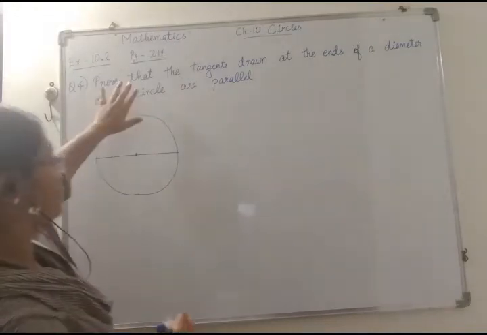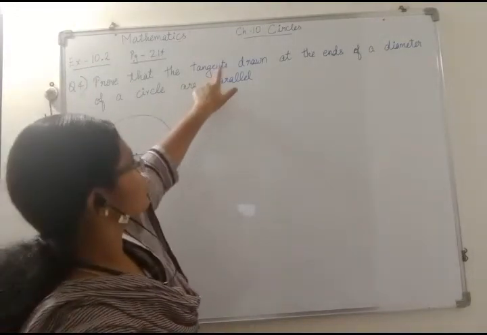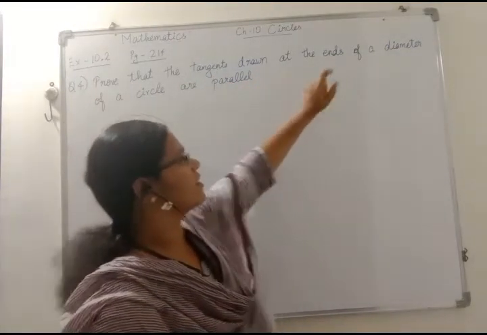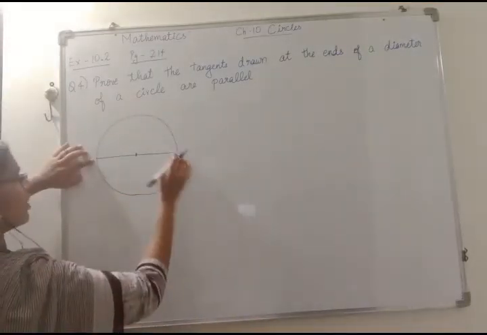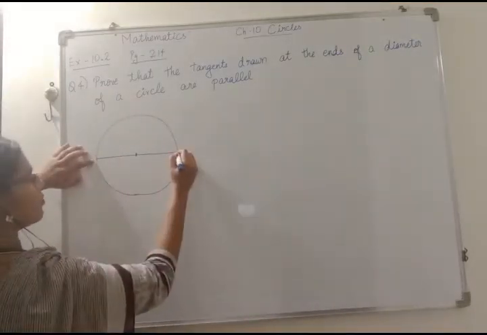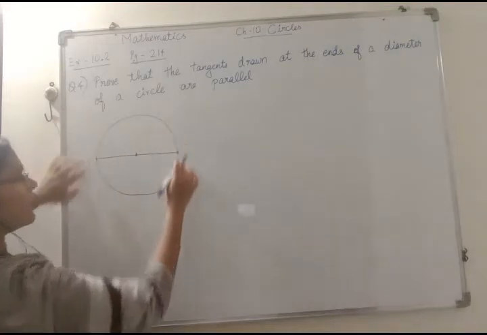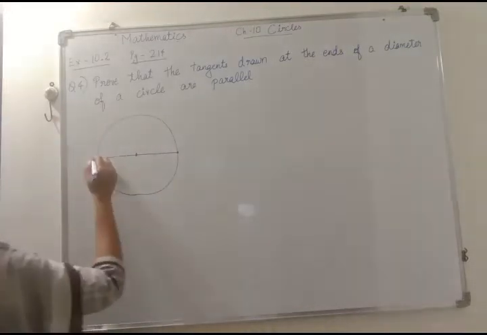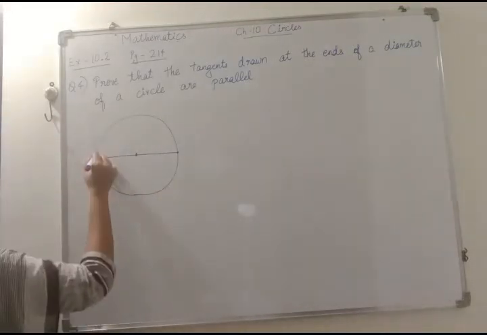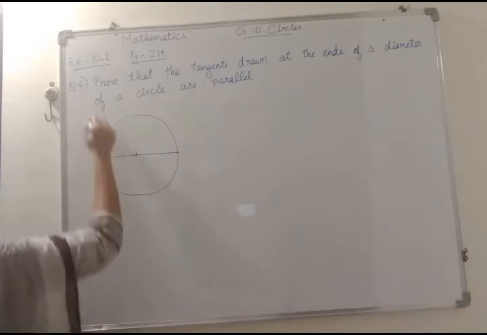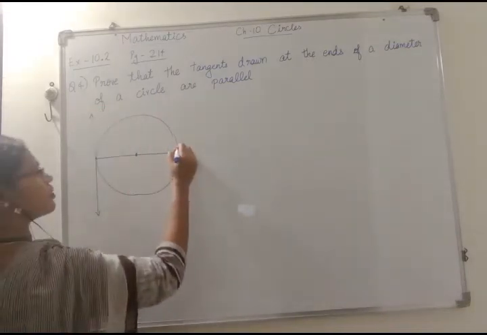Prove that tangents drawn at the ends. These two are the ends of this diameter. Over here, we are going to draw tangents. So there's a tangent here, as well as over here.